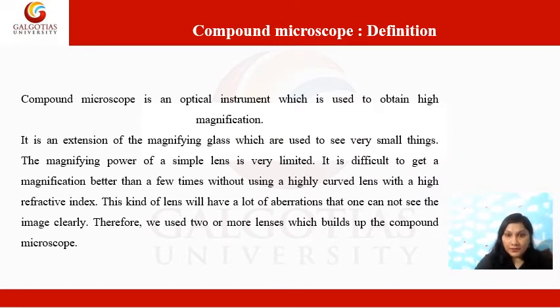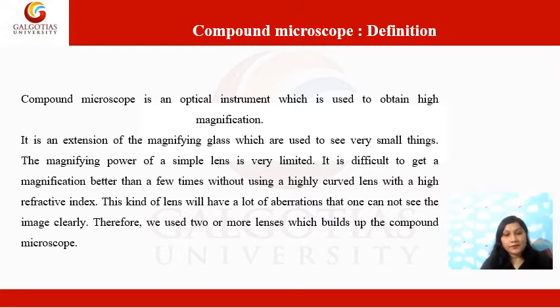Now, coming to the main topic of today's lecture, that is the compound microscope. The compound microscope can be defined as an optical instrument which is used to obtain high magnification. It is actually an extension of the magnifying glass, which is used to see very small things, generally those micro in size. The magnification power of a simple lens is very limited.